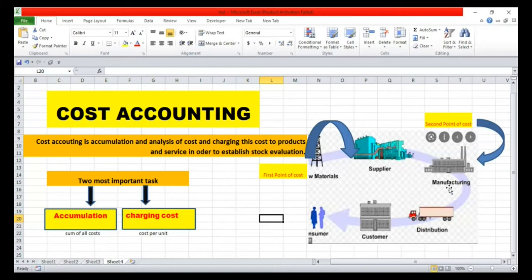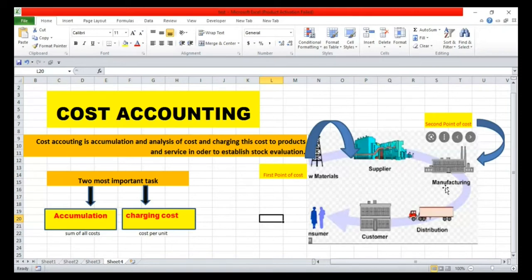So here we incurred raw material cost, and then when the raw material reached our factory, our labor converted that raw material into finished goods.